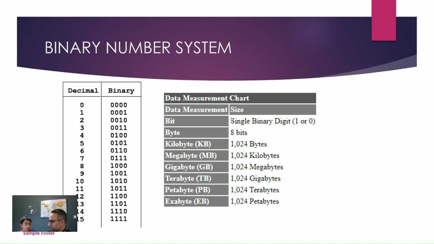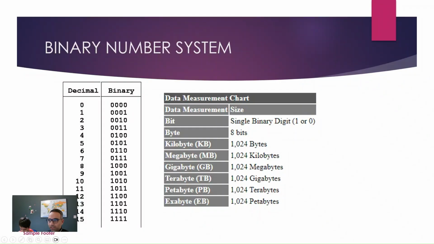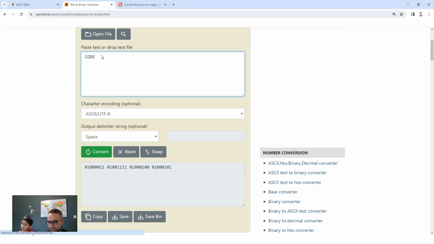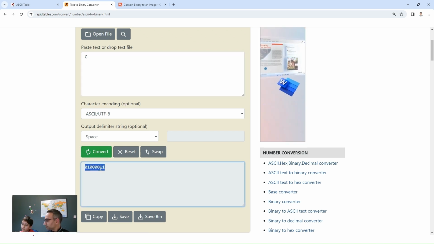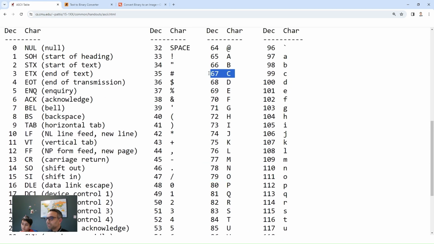Whether it is any file, song, or video, for computers it is all 0s and 1s only. Now I have only one question for all of you. If I say C and I convert it, it is 67 decimal because C in the ASCII table is 67.